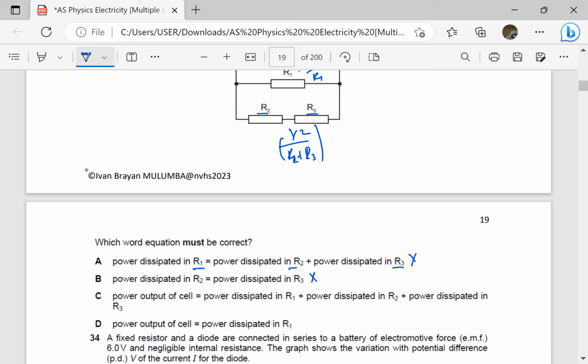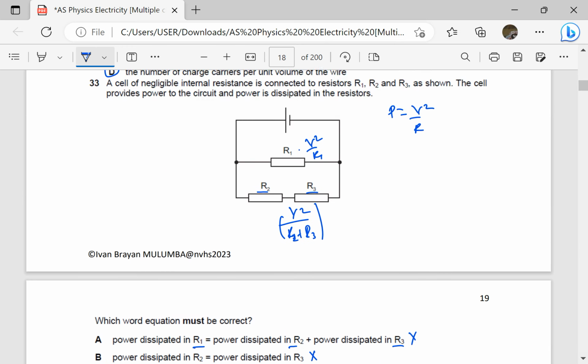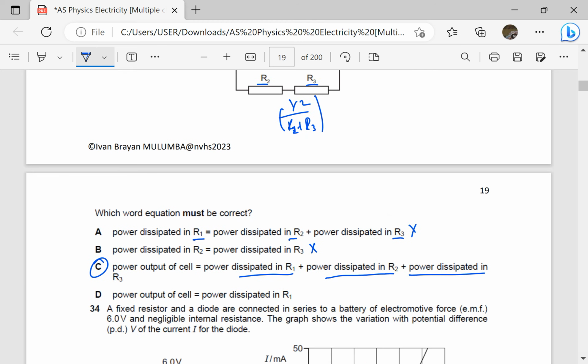Otherwise, A would be correct. Power output of the cell is power dissipated in R1 plus power dissipated in R2 plus power dissipated in R3. That would be correct, because the total power output from the cell would be the total power given to the external circuit, which will make C correct.